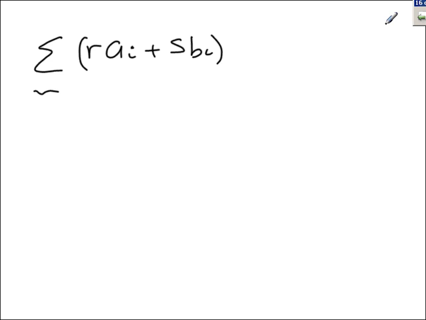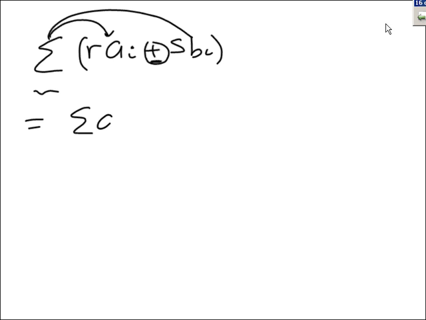Well, since it's a sum, you get the summation of the first plus, and if it was minus, minus the summation of the second. But the summation of the first, that r can come in front. The summation of the second, the constant s can come in front. Okay, these are good rules to know.